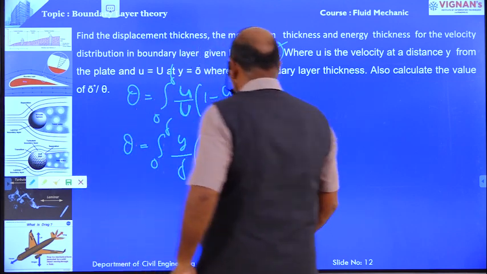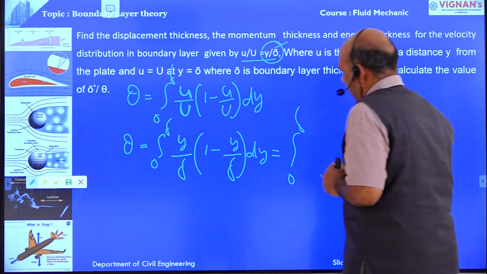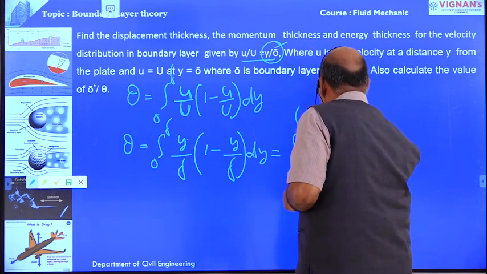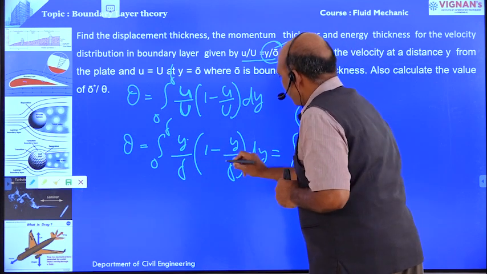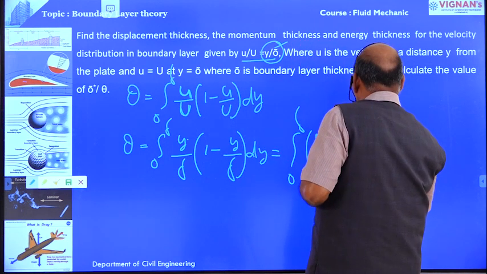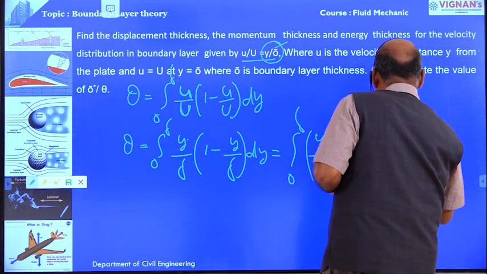This is equal to integral 0 to delta of y by delta multiplied with 1, minus y by delta multiplied with y by delta, that is y square divided by delta square, into dy.